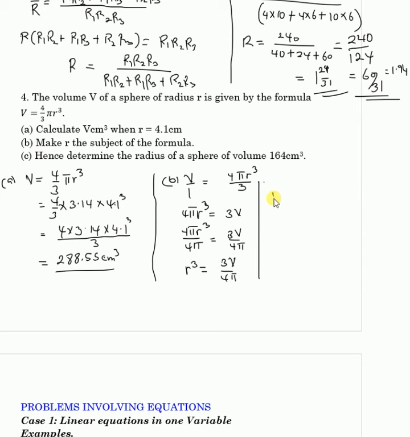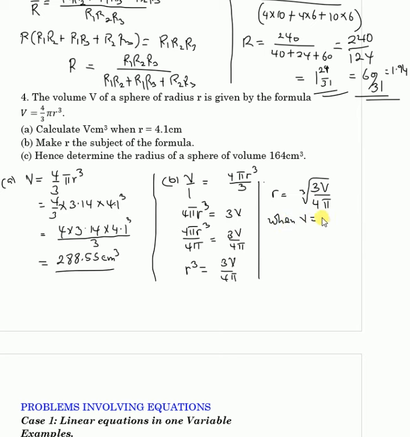The cube root of r cubed is r, then we have the cube root of 3V divided by 4 pi.